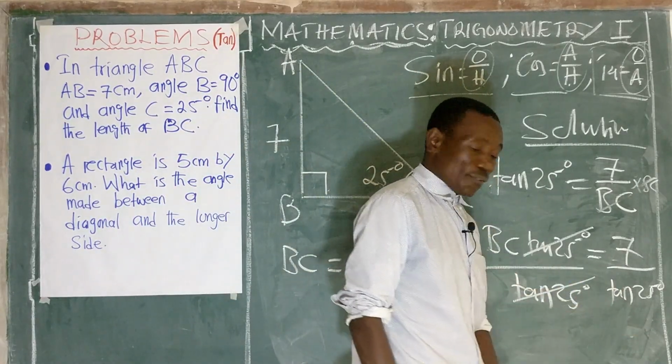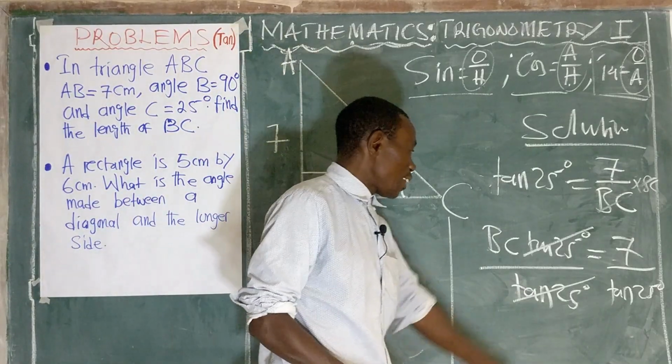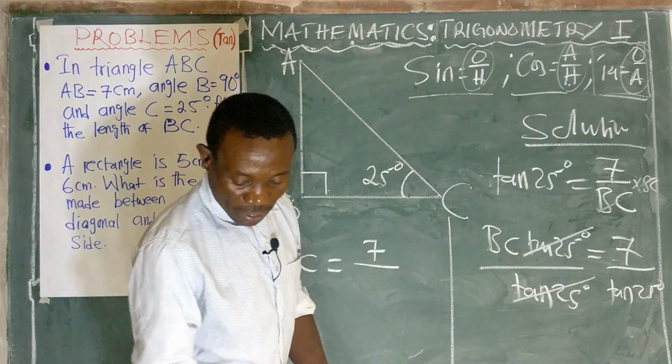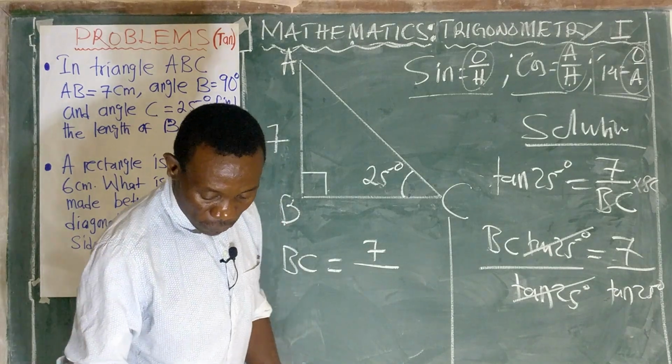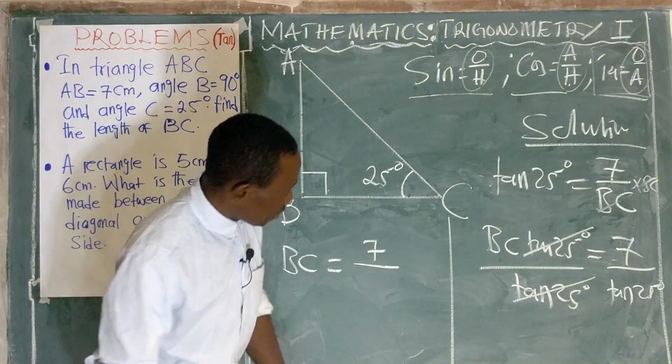For tan of 25, you are allowed to use a calculator. Go on the calculator and find the ratio that is describing the tan of 25. Without wasting much of our time, we find that the tan of 25 is 0.4663.